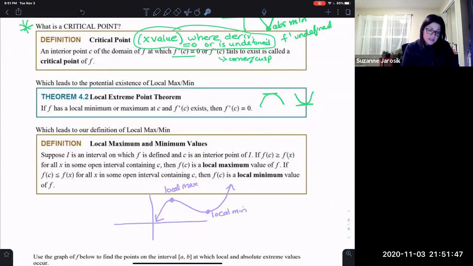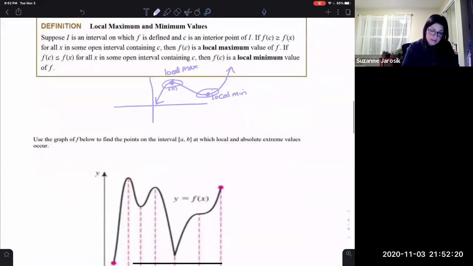So on some open interval, your F of C, which would be either this or this as a separate point, this one is higher than anything in the vicinity. This is the lowest in the vicinity, relative to things around it, close to it. Okay, local max and min.